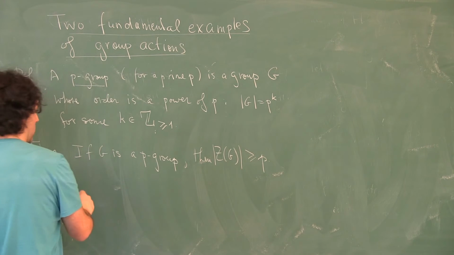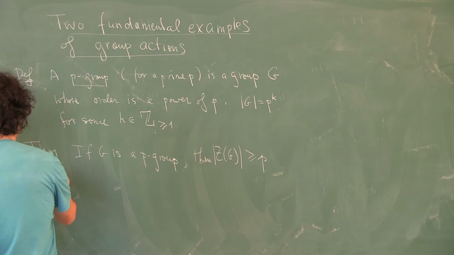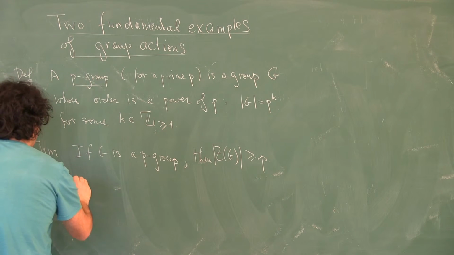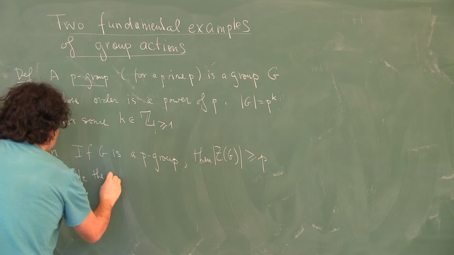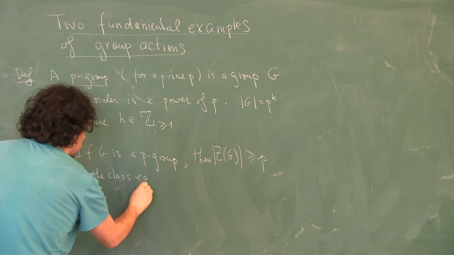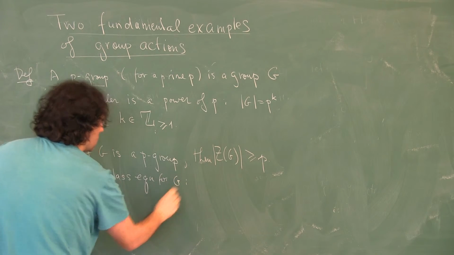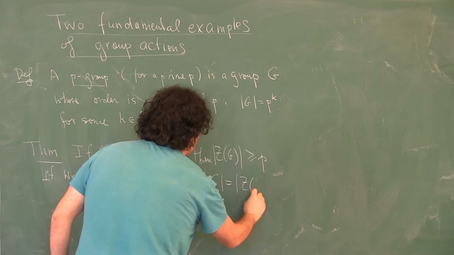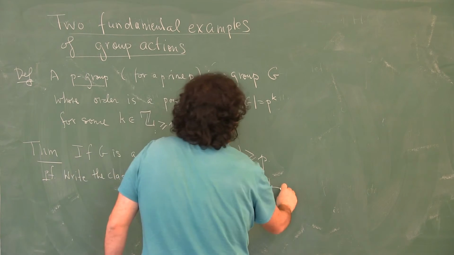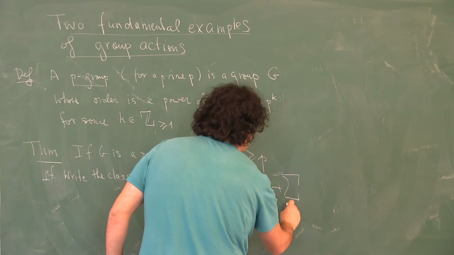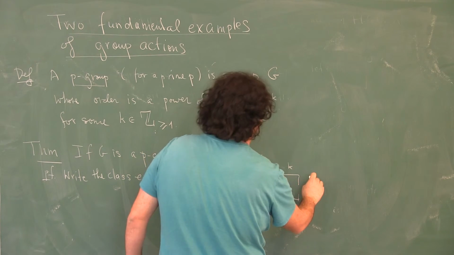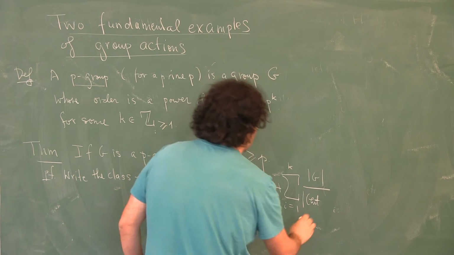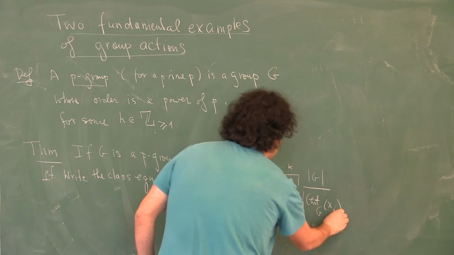Let's see, how do we prove this using the class equation? So we write the class equation for G. So we have the order of G is equal to the order of the center of G plus a sum i equals 1 to k of the order of G divided by the order of the centralizer in G of xi.